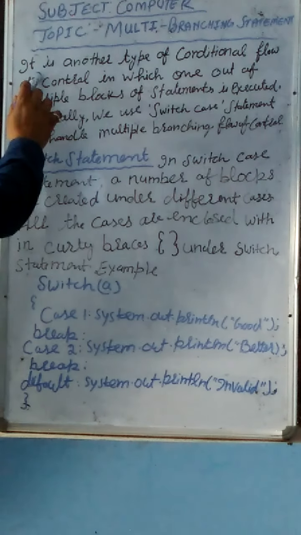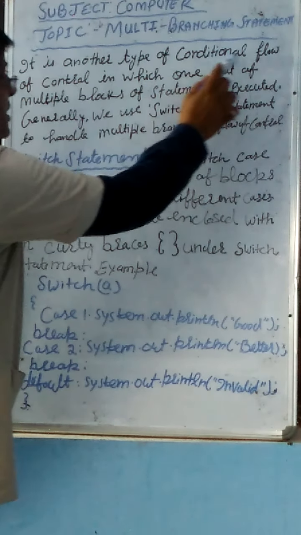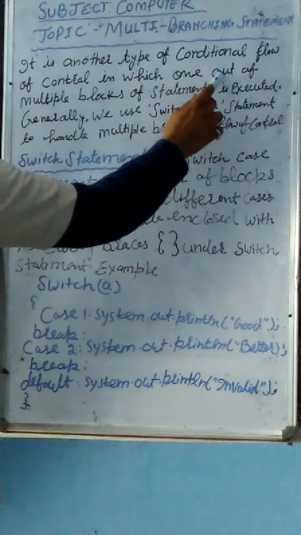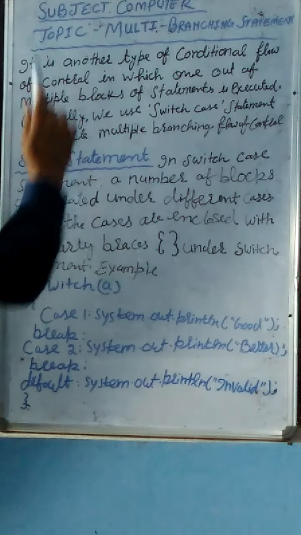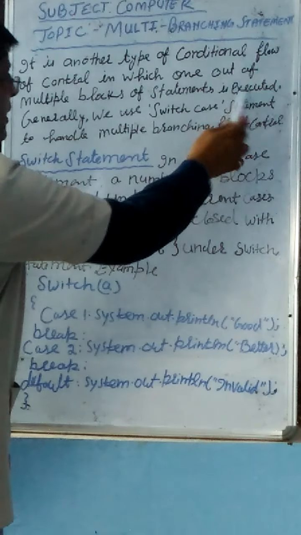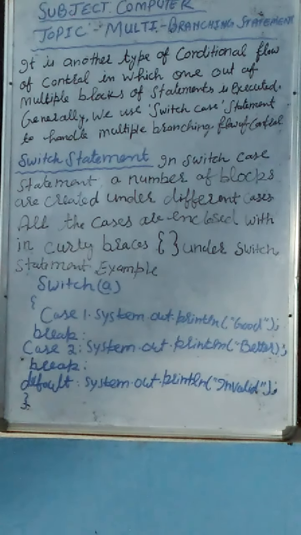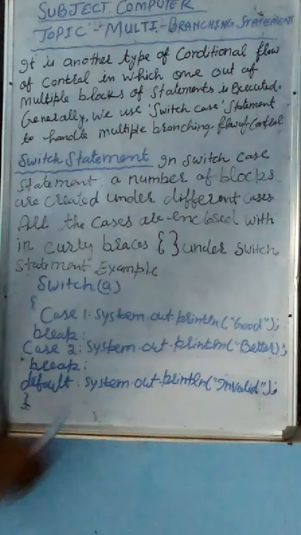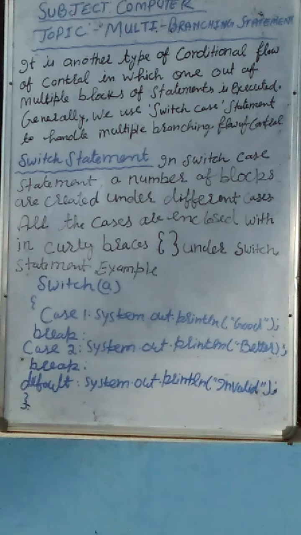It is another type of conditional flow of control in which one out of multiple blocks of statements is executed. Generally we use the switch case statement to handle the multiple branching flow of control.